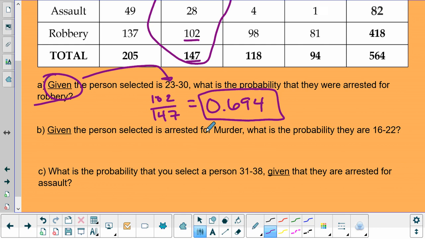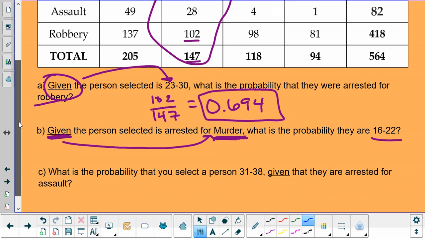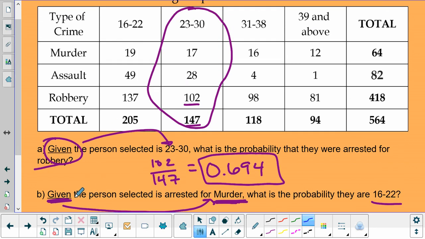Given the person selected is arrested for murder, so this is your new total. What is the probability that they're 16 to 22? So I should have changed colors there, sorry. Given that the person is arrested for murder means that you're in this row. This is your given condition.